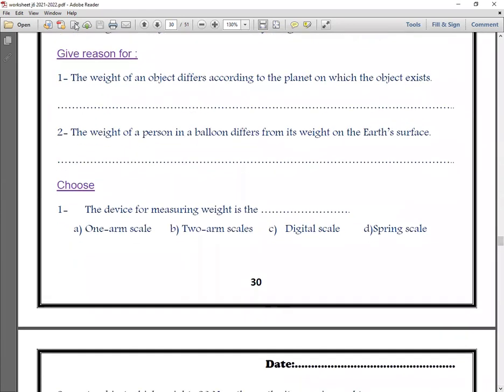Here, give reason. The weight of an object differs according to the planet on which the object exists. Why?